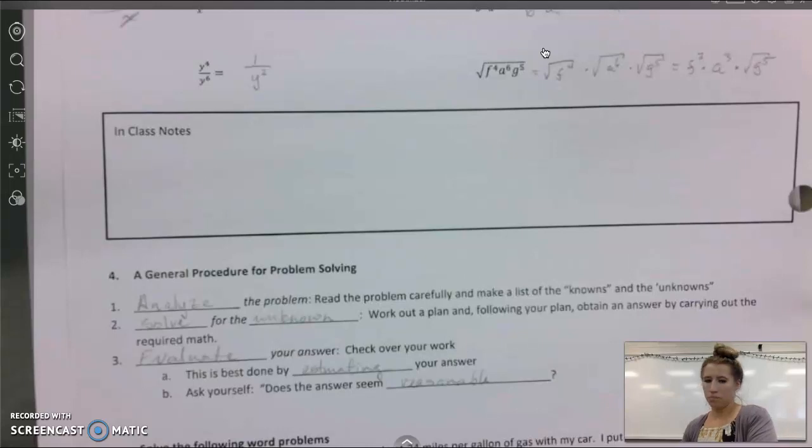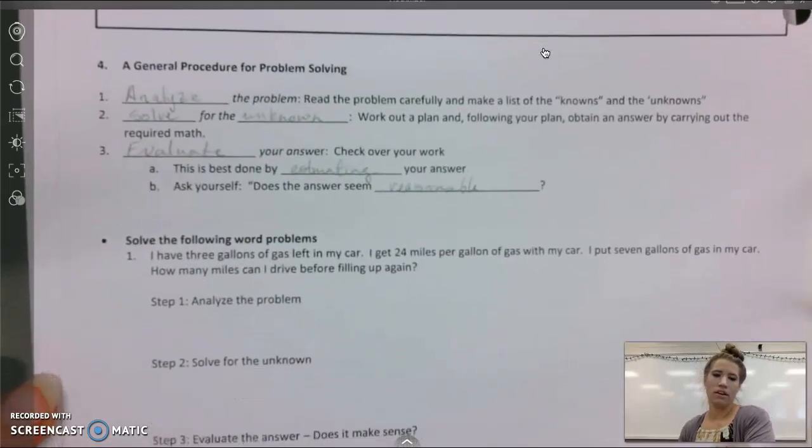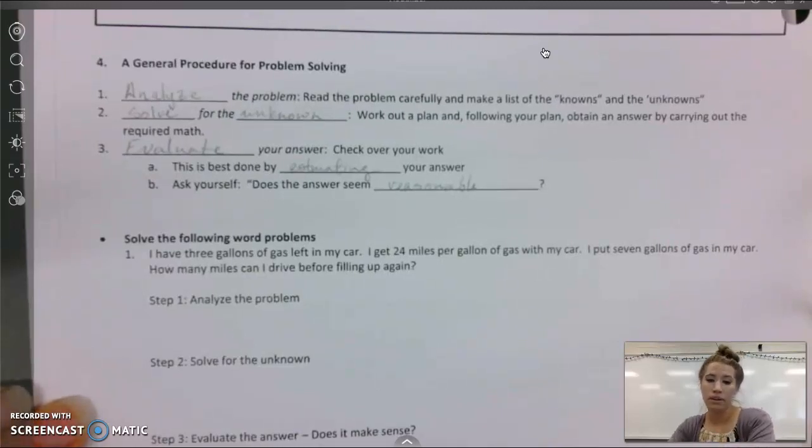So we have a problem here. It says, I have 3 gallons of gas left in my car. I get 24 miles per gallon of gas with my car. I put 7 gallons of gas in my car. How many miles can I drive before filling up again? Okay, so we originally had 3 gallons of gas, and then we added 7 more.